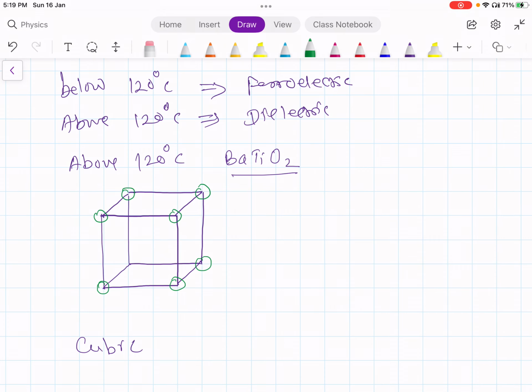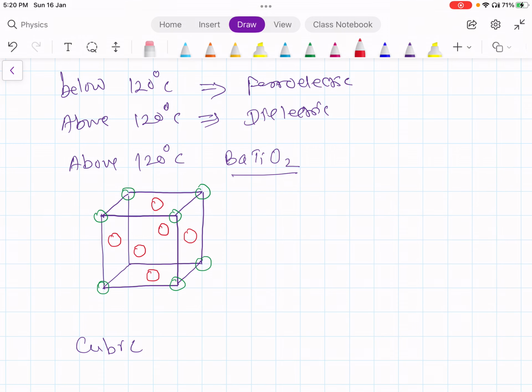Barium ions. Then there is oxygen. Oxygen ions occupy FCC phase center position. So this is oxygen. This is the phase center of front surface, phase center of backside surface.